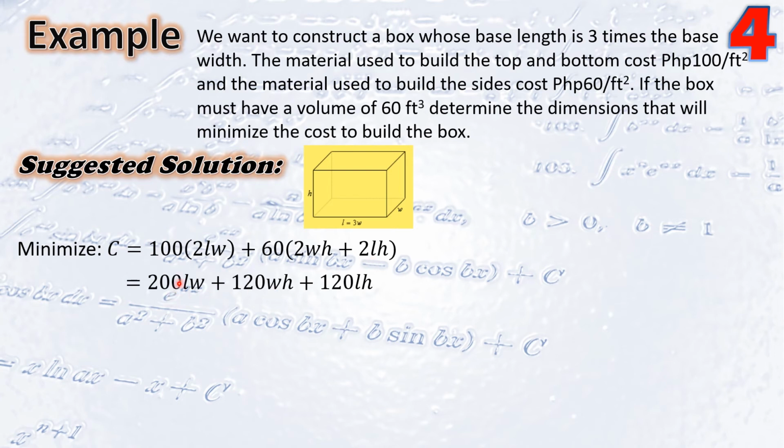Simplifying, we have 200 LW plus 60 times 2WH, that is 120 WH, plus 60 times 2LH, that is 120 LH.